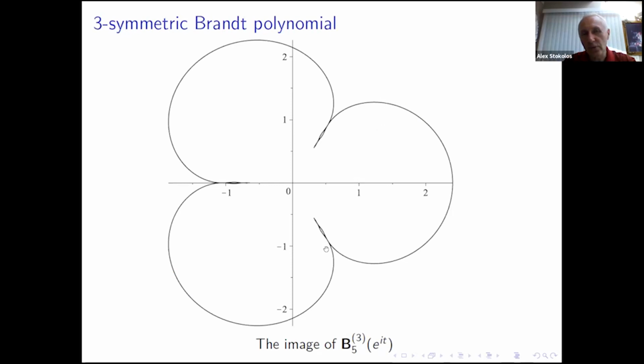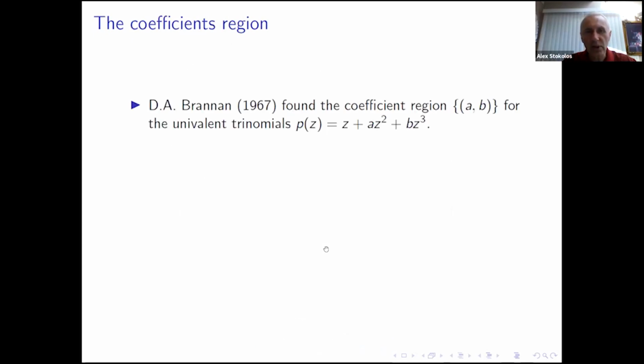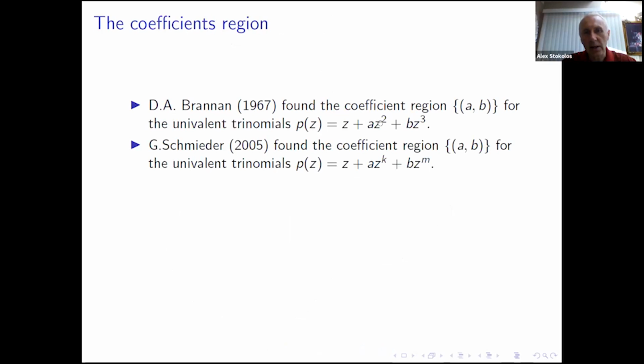We tried to prove the univalency in general, but in general it was very difficult. But then it turns out that for trinomials like this, or even more general trinomials, the coefficient region for univalent trinomials was found. But in the general case, it's so complicated it's practically impossible to get anything useful from that.